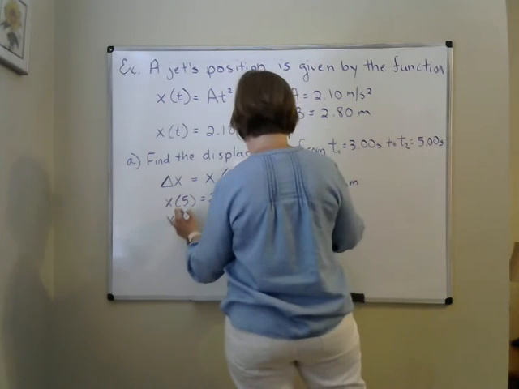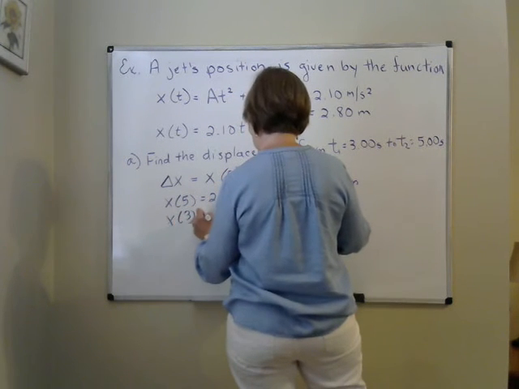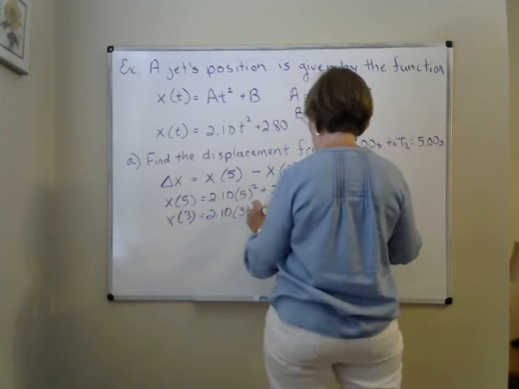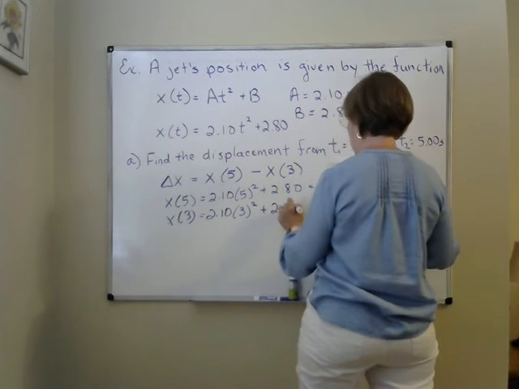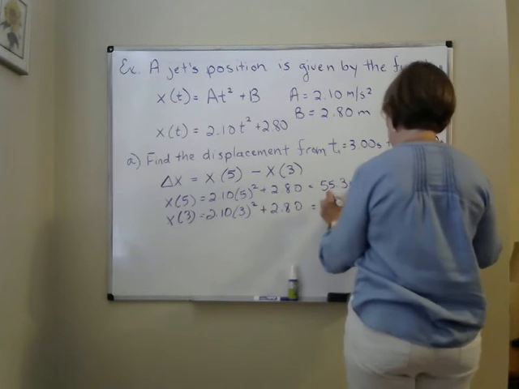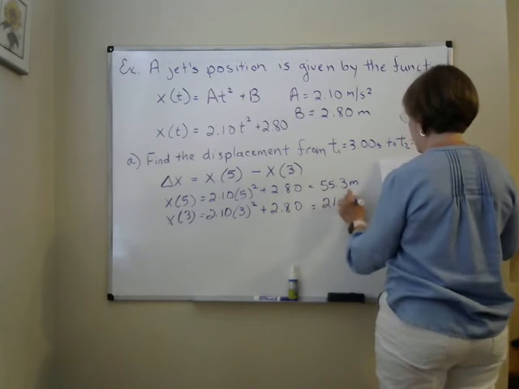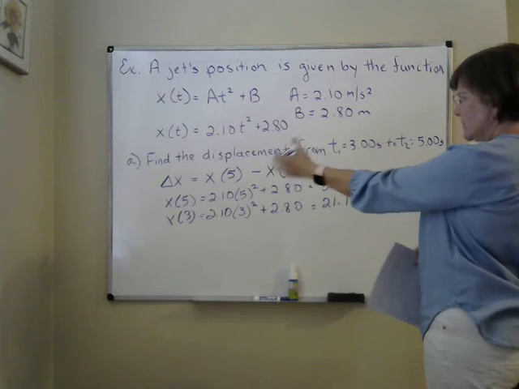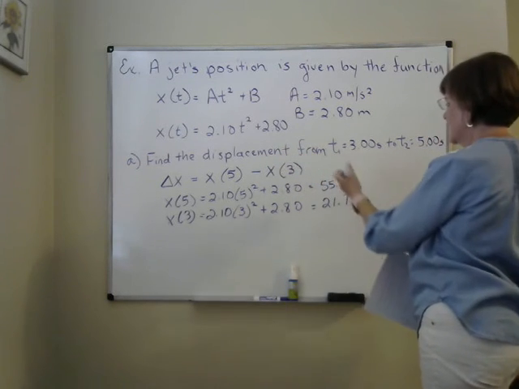The position at 3 seconds was 21.7 meters. All I have to do is then subtract x of 5 minus x of 3.